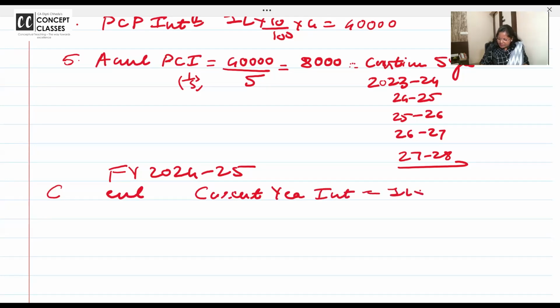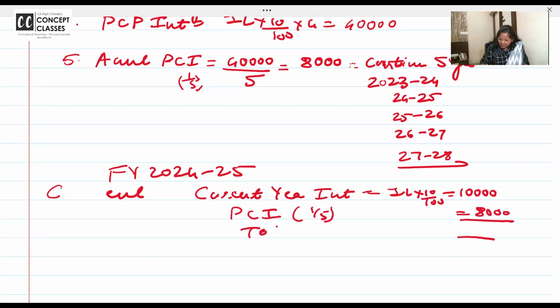Current year's interest will be 1 lakh into 10%, that's 10,000. And will I deduct pre-construction interest of 1/5? Yes, that's 8,000. So what will be the total interest deducted? Dear students, if you can correlate, in the last 2 days I was saying leave pre-construction aside for now, but it kept appearing everywhere. Current year's interest and pre-construction interest together are deductible after the NAV and standard deduction.